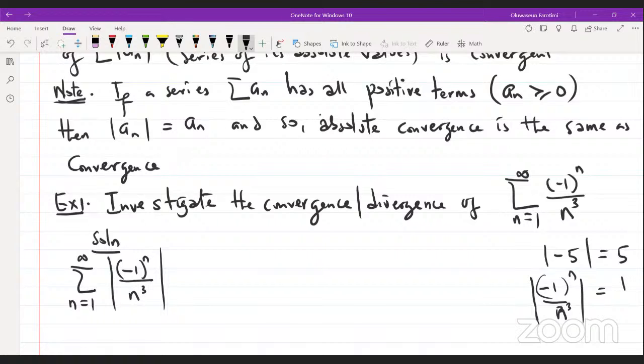So that way you just have 1 over n cubed. Now you might have a question like, okay, why don't I have 1 to the power of n? Okay, if you have 1 to the power of 1 million, it's still 1. So that's why I just think less about that n. Make sense? So that means this guy is exactly going to be the sum from n equals 1 to infinity of 1 over n cubed.